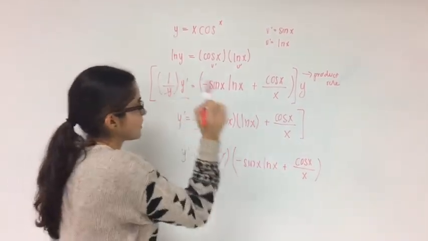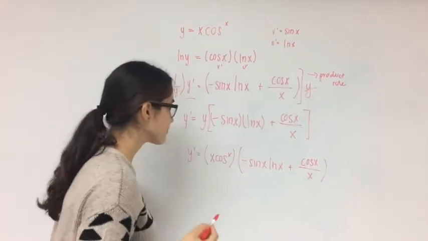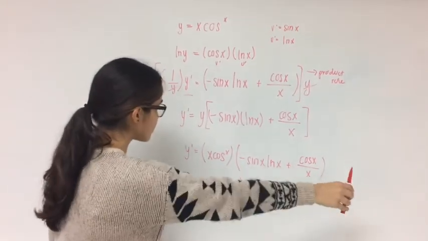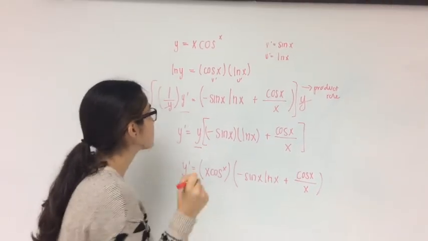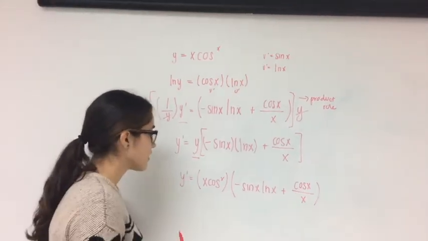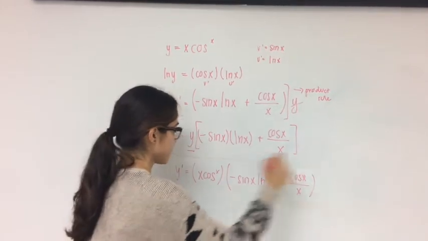So after we eliminate the y, we will have this expression, and after that we will just add normal y, which is the first equation, and this will be the final answer.